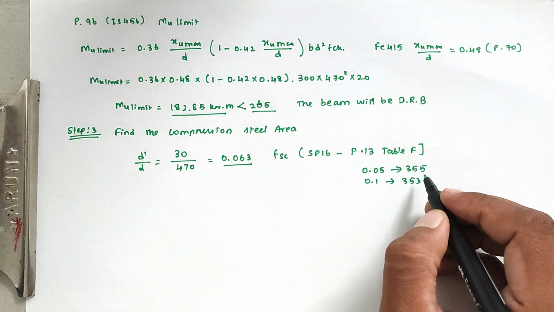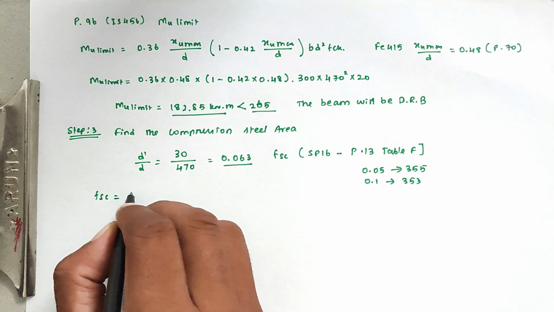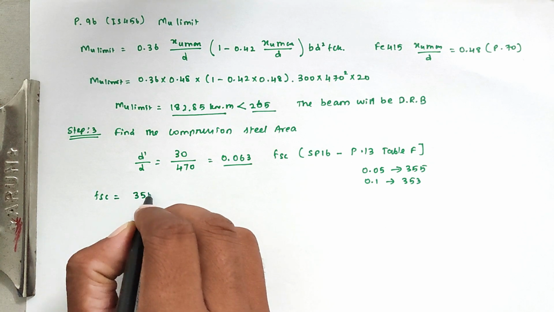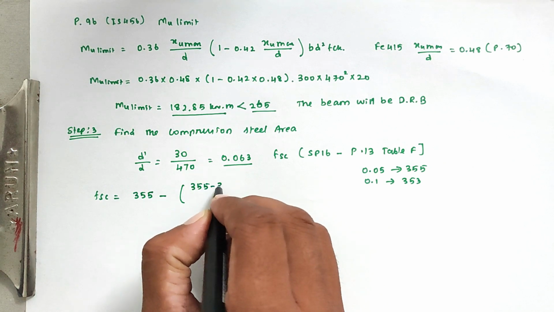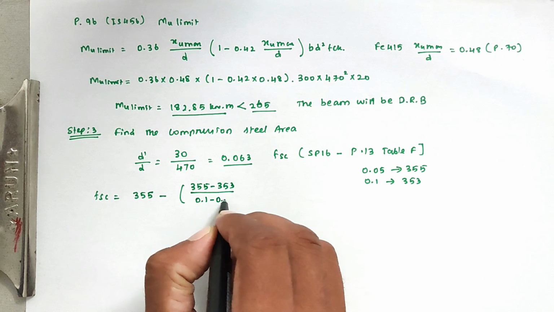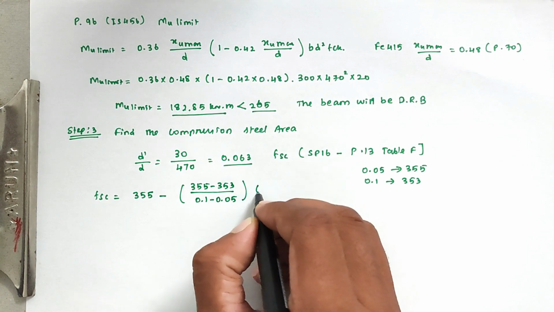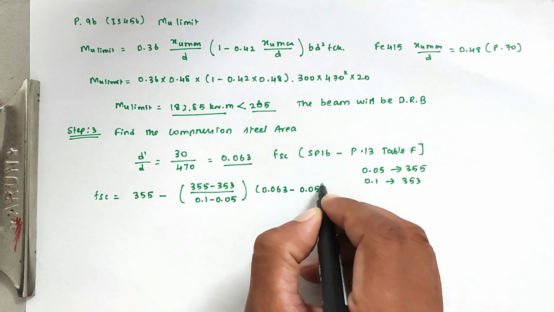Okay, so now interpolation. For the interpolation, fsc equal to 355 minus (355 minus 353) divided by (0.1 minus 0.05) into (0.063 minus 0.05).